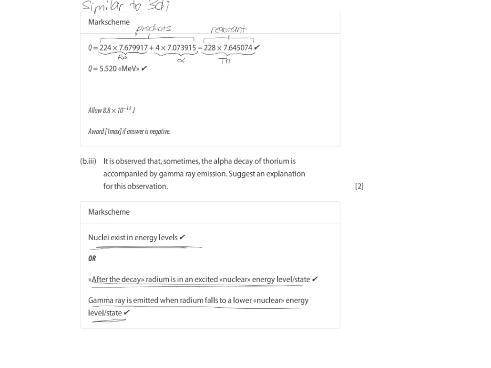So the gamma ray emission happens when an excited nucleus falls to its ground state and emits that energy that it had in the form of the gamma ray.